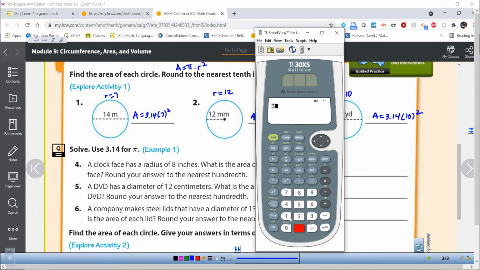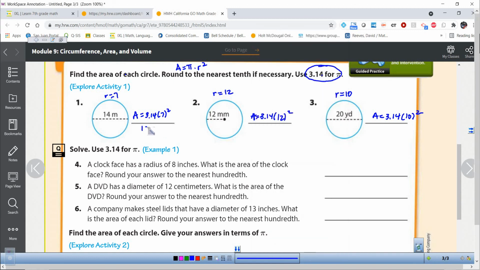So this first one is going to be 3.14 times 7 squared. When I do that, I get 153.86. Remember, it's meters squared, but rounded to the nearest tenth, that's going to be 153.9 meters squared.